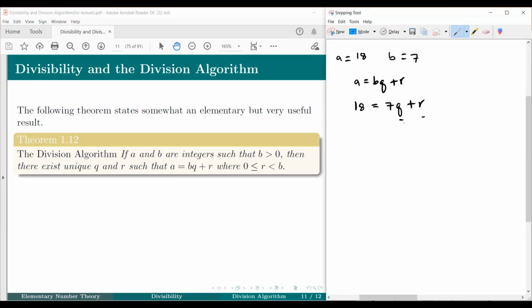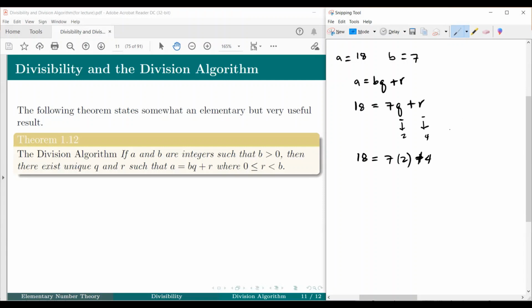The unique Q and R. So here, we can have Q be equal to 2 and R here is 4. So 18 can be written as 7 times 2, which is equal to 14, then plus 4. So si Q na to is 2 and R is 4.